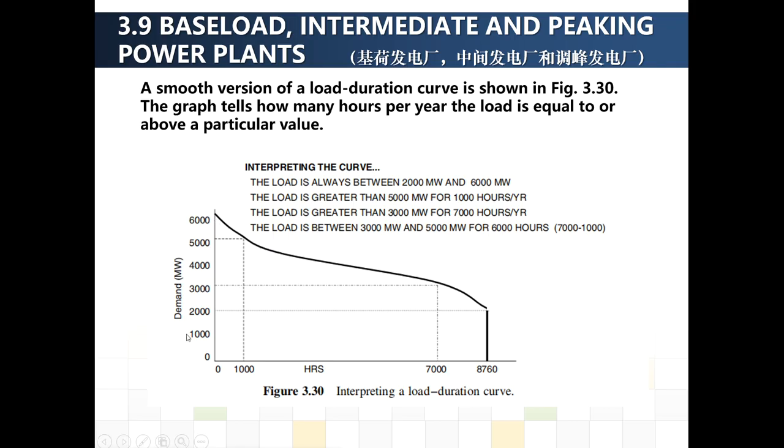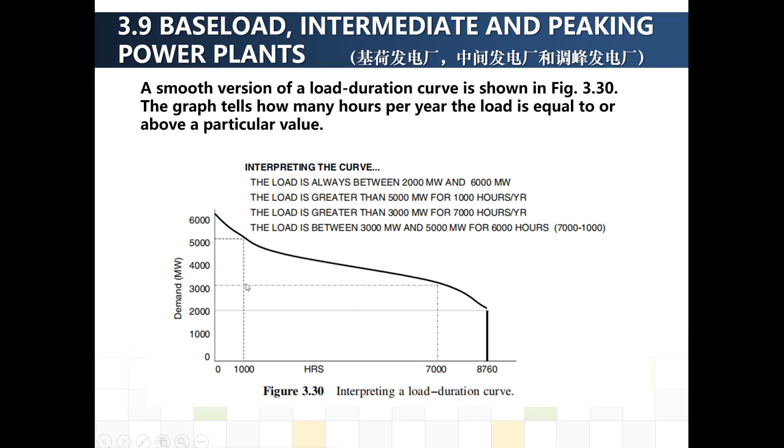And if this is a 5000 load, we can see the number of hours is 1000. What does this mean? This means that the load is greater than 5000 for about 1000 hours.